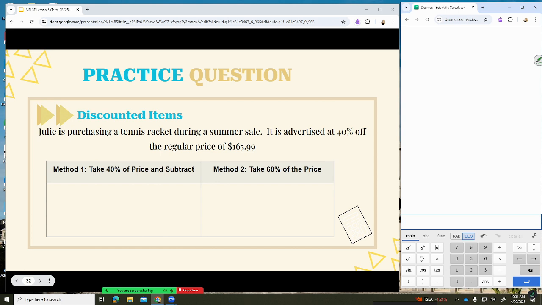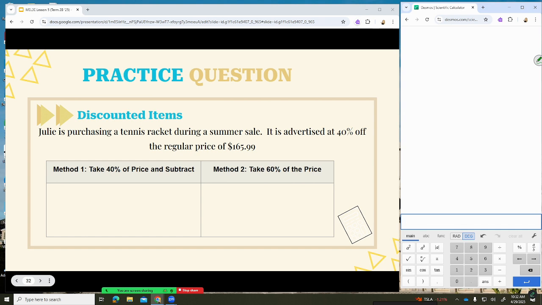Julie is walking through the store and she wants the tennis racket. She's wondering if she's got enough for this one now that it's on sale at 40% off. There are two different methods that Julie can use to figure out what the new sale price would be.